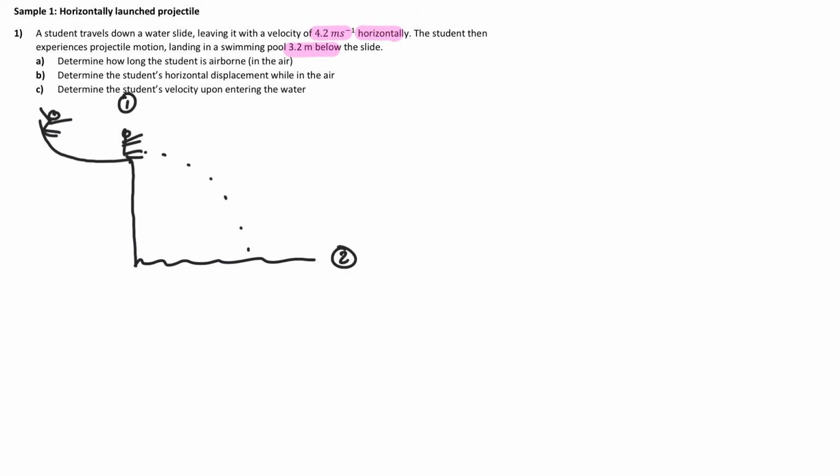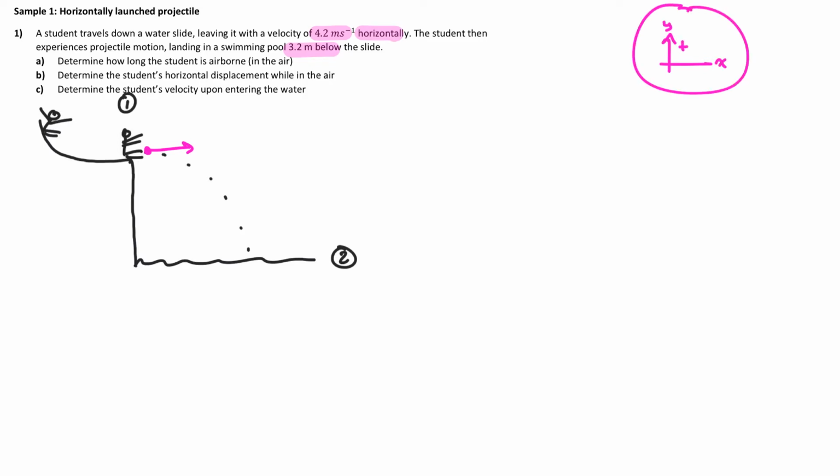Stage 2. So stage 1 is right when it falls off, and stage 2 is right when it lands in the water. When we're drawing the system diagram for this, we need to break down all the components of velocities. So initially, I'm going to actually label my positive x and y.